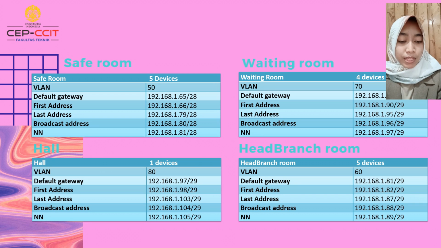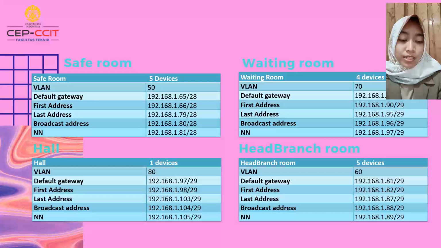And then the hall has 1 device. Of them, namely, VLAN consists of 80. Default gateway consists of 192.168.1.97/29. First address consists of 192.168.1.98/29.